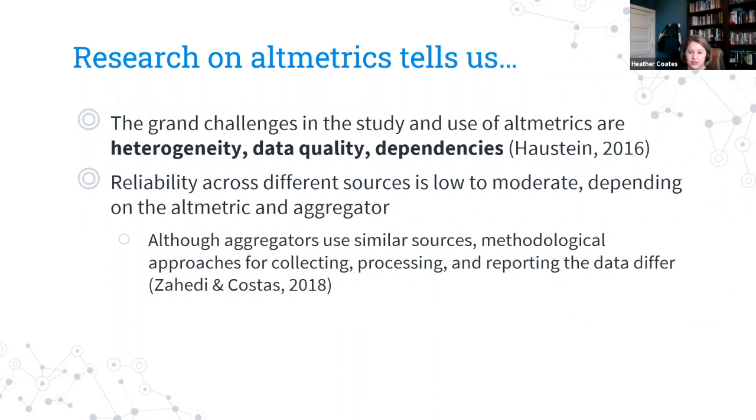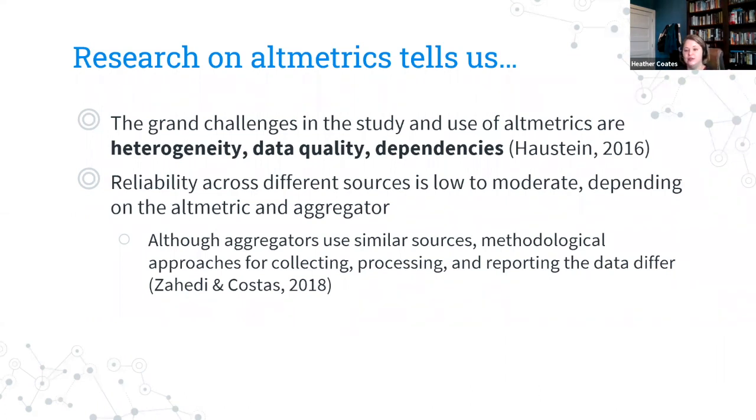Additionally, there are massive data quality issues, and the data themselves are highly dependent on the platforms from which they are derived. And we know these platforms are not, scholarly dissemination and publishing is not their primary purpose. So there are many things that scholars are still trying to understand.